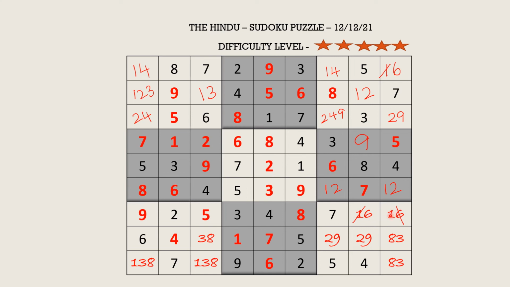So this 1 cancels out the 1 here. This becomes a 2. So this 2 gets cancelled out. This becomes a 1. This 1 cancels out the 1 here. So this becomes a 4. That makes this cell 1. And so that cancels out 1 in these two cells actually. So this 1 gets cancelled and the 1 here also gets cancelled.